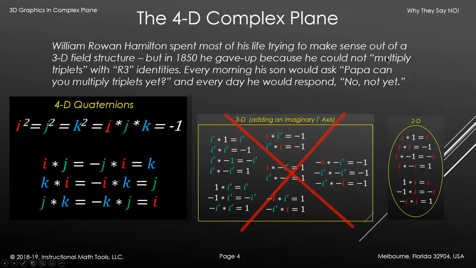He gave up because he couldn't multiply triplets. Every morning his son would say, "Papa, can you multiply triplets yet?" And every day he would respond to his son, "No, not yet." And one of the problems, of course, was that he was multiplying triplets, trying to use a commutative multiplication identity setup that didn't work.